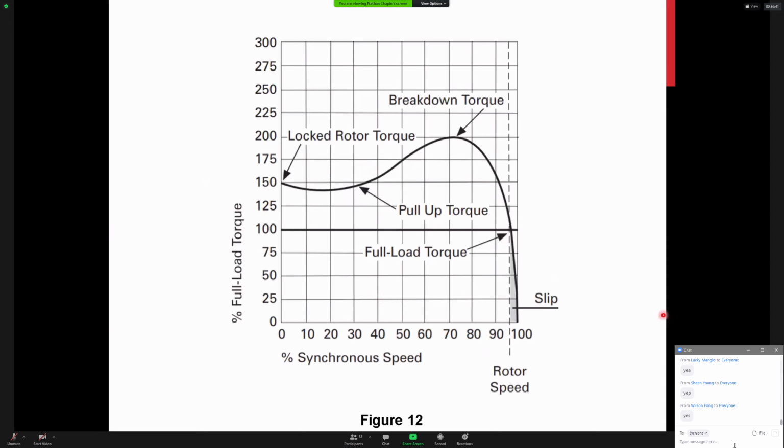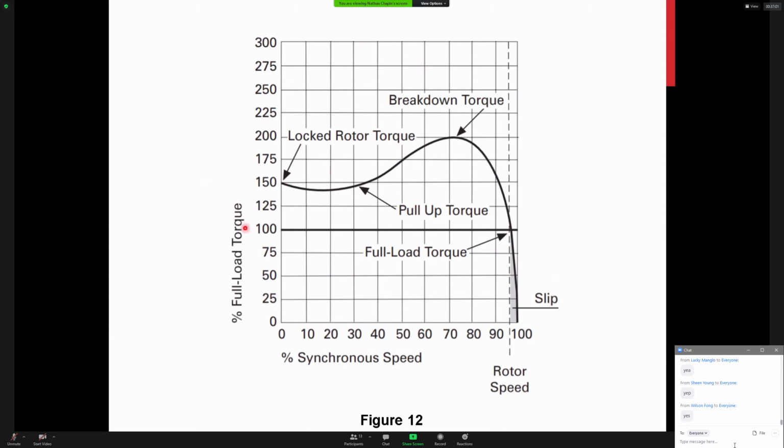Now, as it relates to torque characteristics under normal operation, so with a magnetic starter, there's a few different pieces of terminology here. And the first one is a locked rotor torque. This can also be called the starting torque right here.